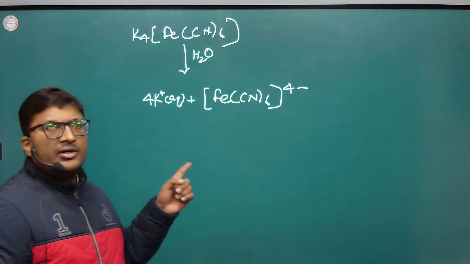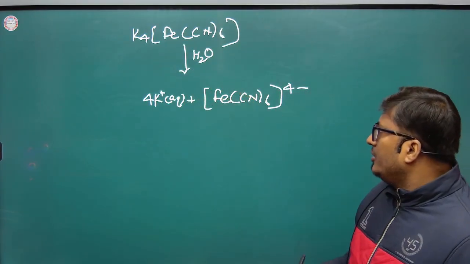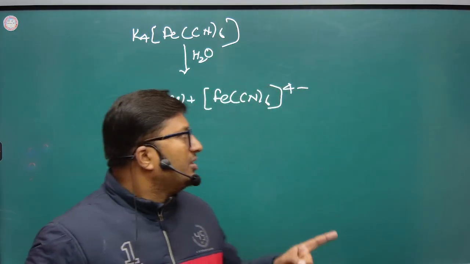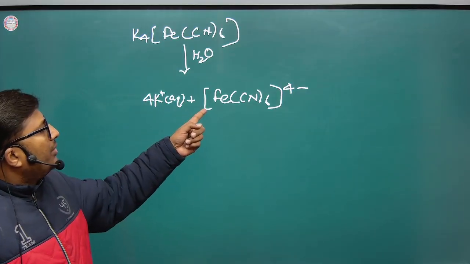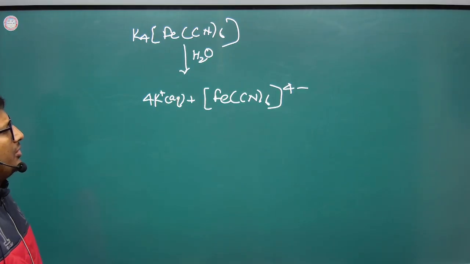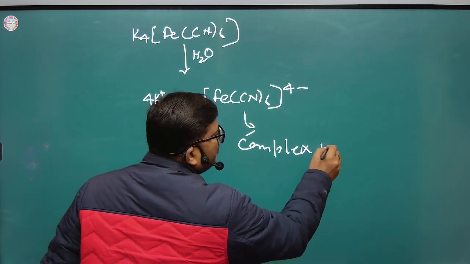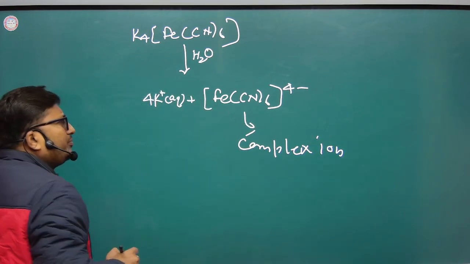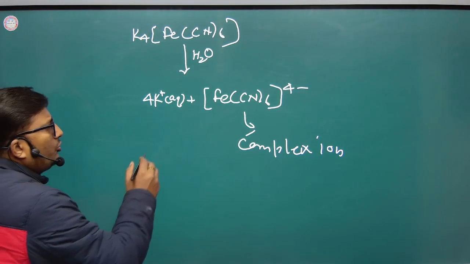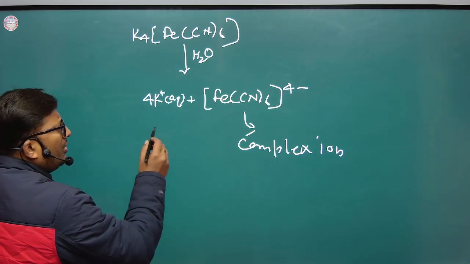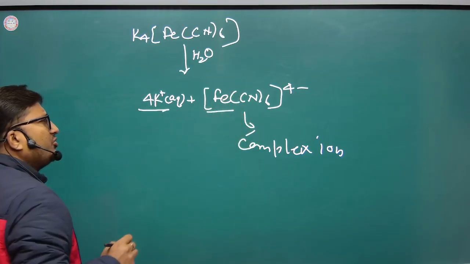Here you can see that once this complex compound is dissolved in water, a dissociation takes place, and the dissociation looks like that: 4K+(aq) and [Fe(CN)6] with an overall 4 negative charge. This is called the complex ion. This is the counter ion; here the counter ion is potassium with a positive charge. So the total ionizable ions are 4K+ and 1 [Fe(CN)6]4-.